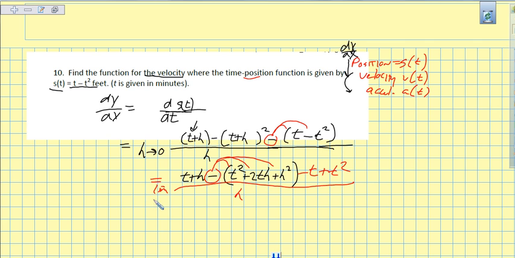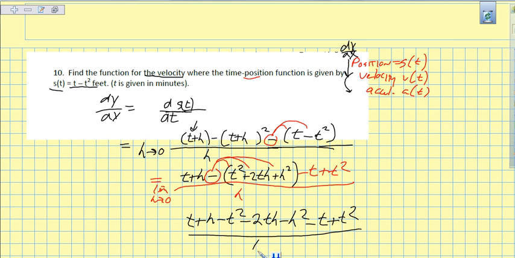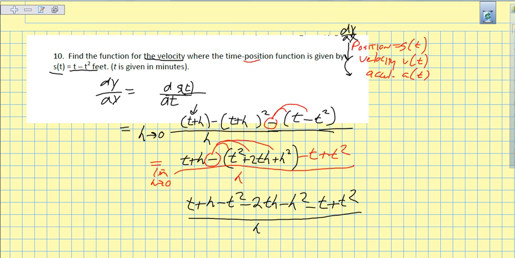So we still have our limit here. And let's go ahead and clean this up. We have t plus h minus a t squared minus a 2th minus h squared minus t plus t squared all over h. Okay, easy to make a mistake.